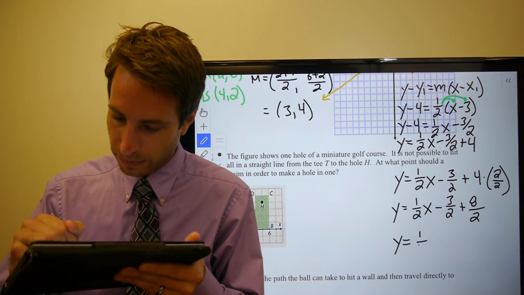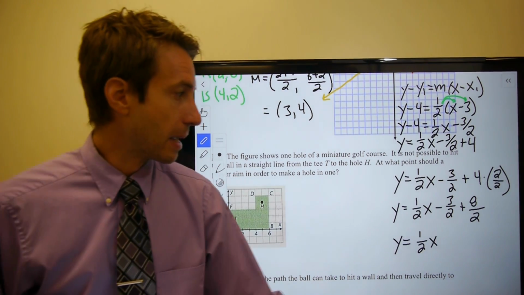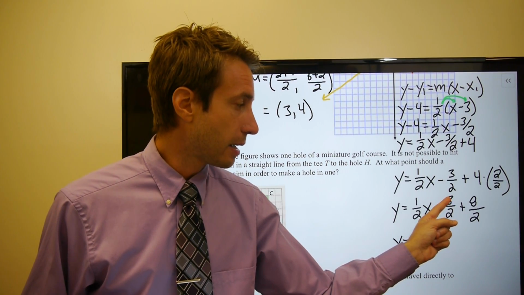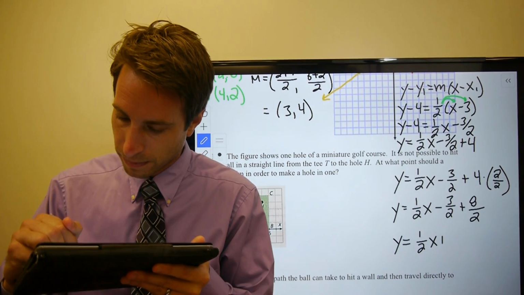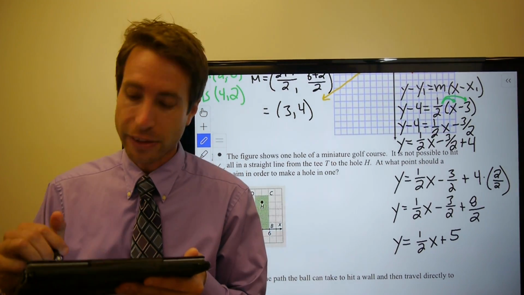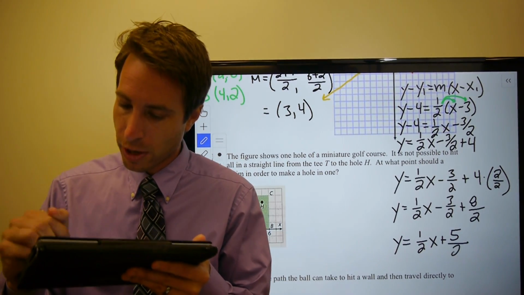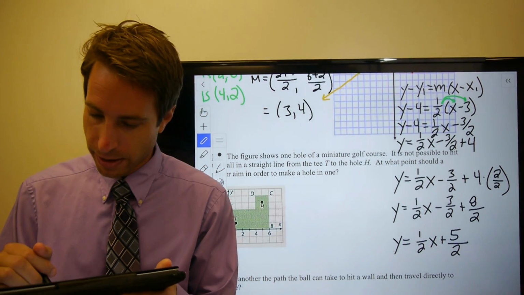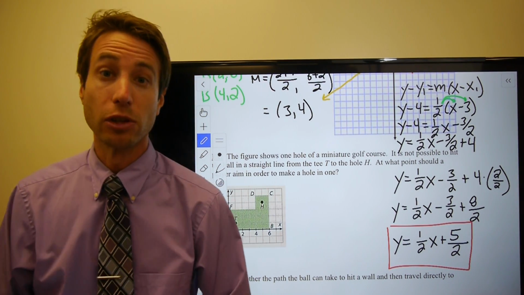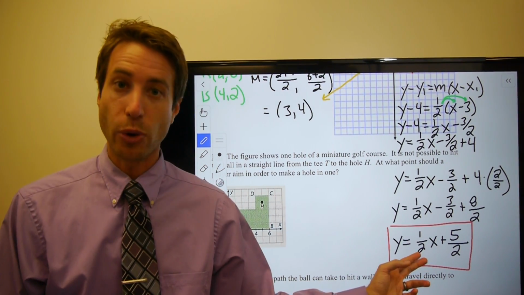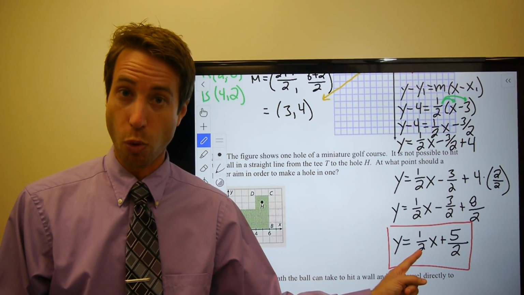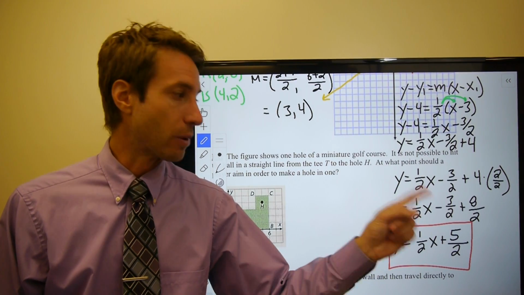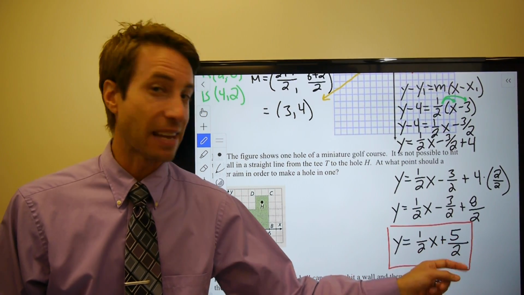Now, help me out. Minus 3 plus 8 is 5. And after adding the numerators, you keep your common denominator, and look at you, you have your equation in slope-intercept form. There's my slope, rise of 1, a run of 2, and my y-intercept is at 5/2.